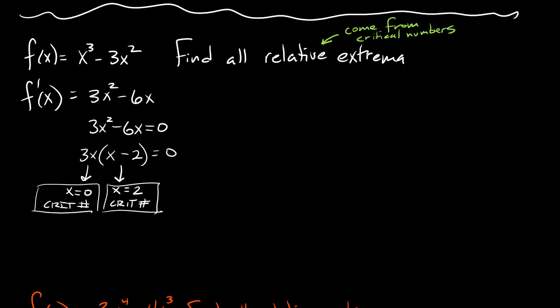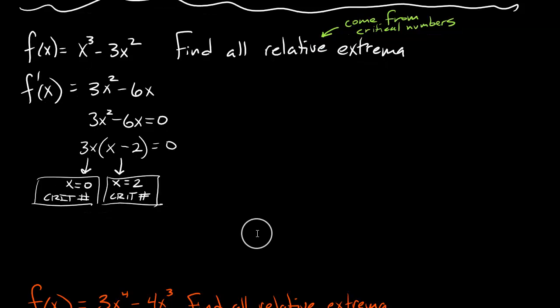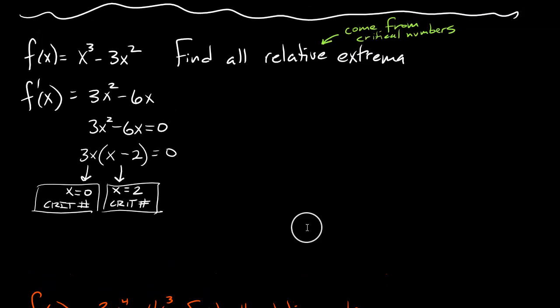Joe, do you remember what the difference between a critical number and a critical point was? Perfect. Jack, how do I find the critical point? Yes, perfect.